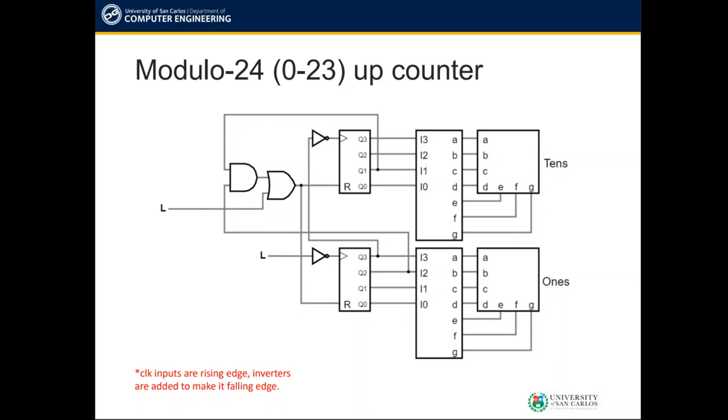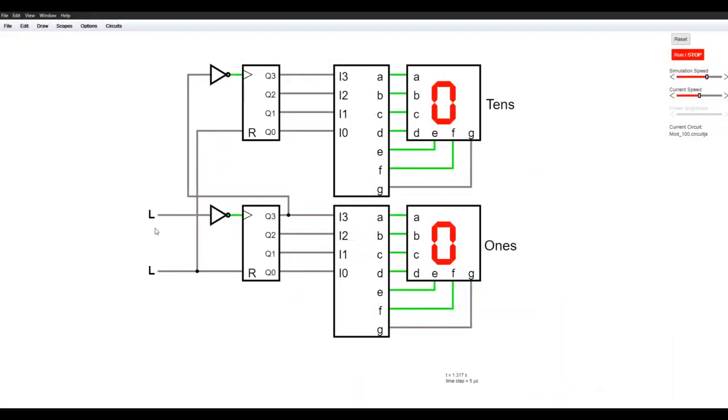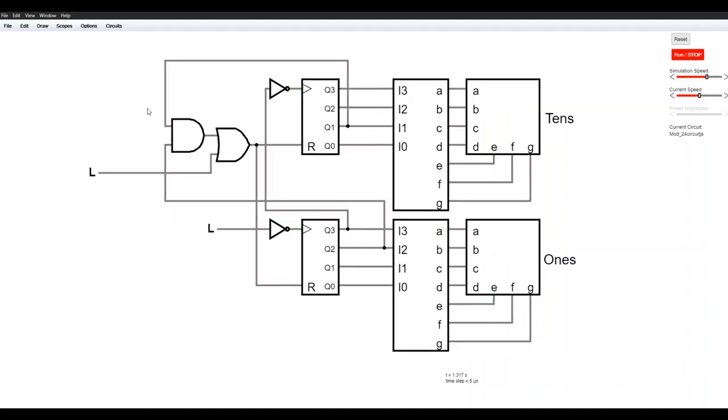Okay, to demonstrate that one, I'll also show that one. File open. So this is your Modulo 24, or 0 to 23, up counter. Let's have the reset.